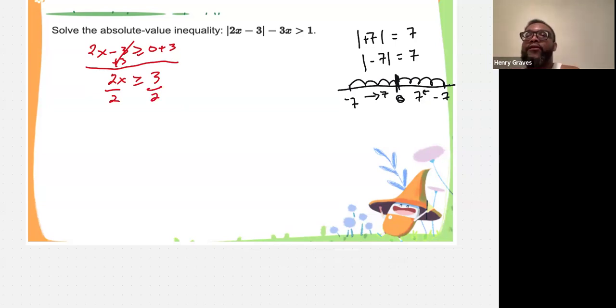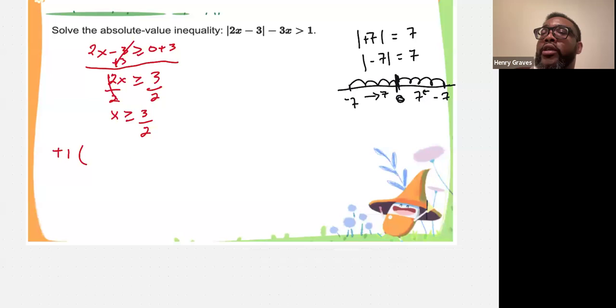So let's see the problem they gave us: the absolute value of 2x minus 3 is greater than 1. There are multiple ways to solve this. I'm just going to do the easy way first. Because this is positive, I'm just going to keep it as is: 2x minus 3 is greater than 1.